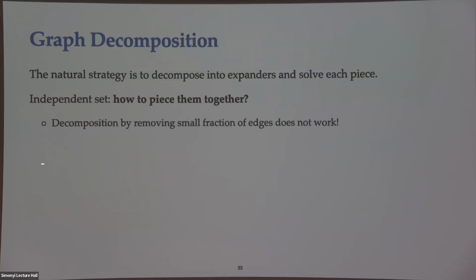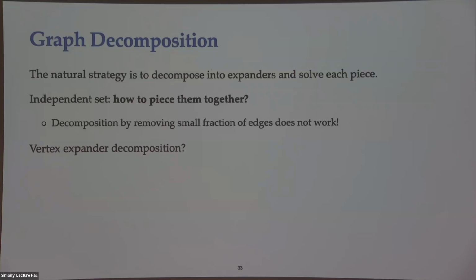It turns out that a lot of graph decomposition algorithms that have been used focus on only removing a small fraction of edges. But this won't work for our independent set problem because we don't know how to piece them back together. But this suggests a natural direction, which is vertex expander decomposition. Suppose we find a non-vertex-expanding subset.